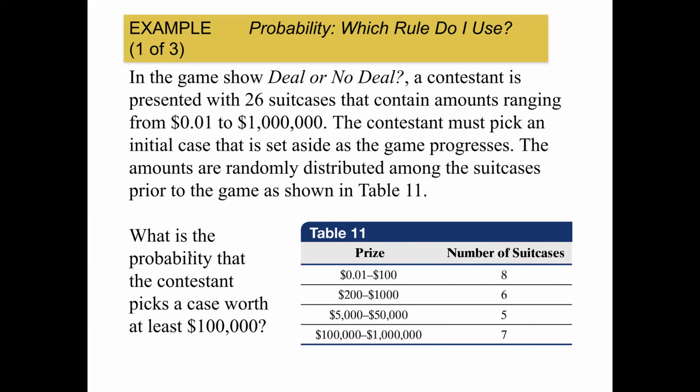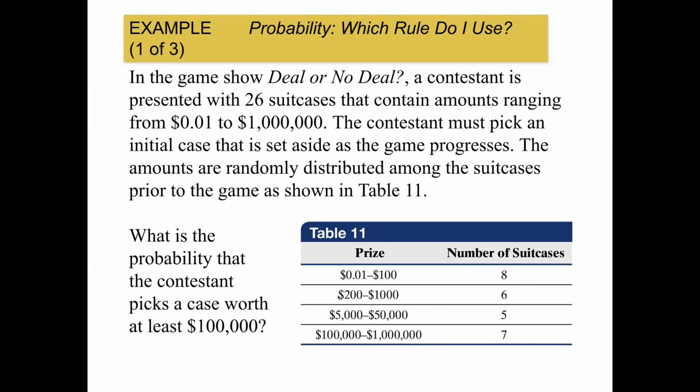So what's the probability that the contestant picks a case worth at least $100,000? Well, we've got to go to this table here to answer that question. There are 26 different suitcases, and these are the prizes in the suitcases. And 7 of the 26 suitcases have $100,000 or more.